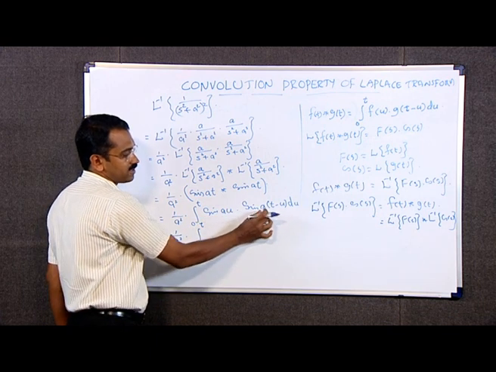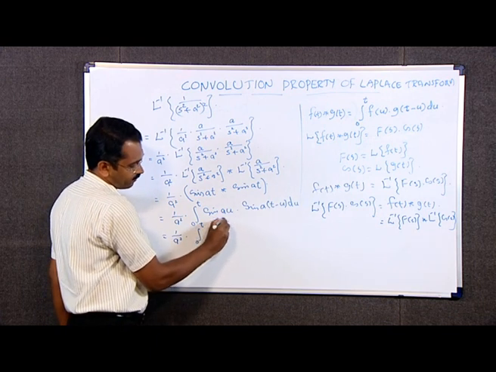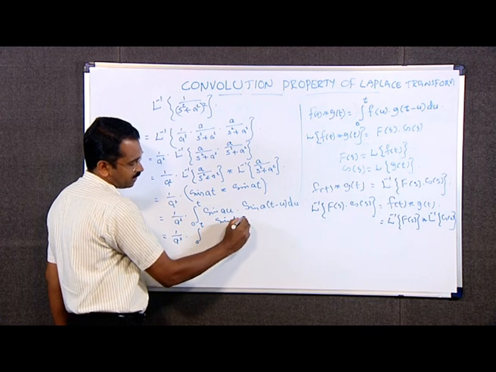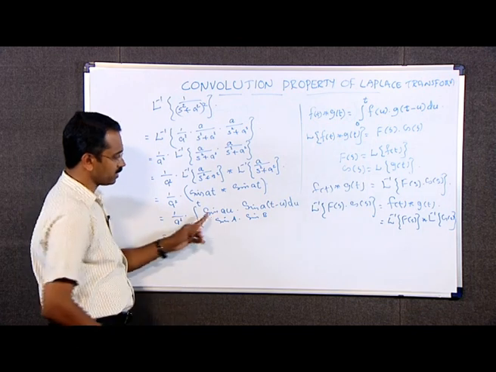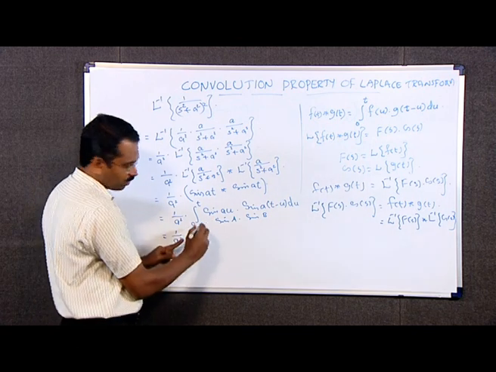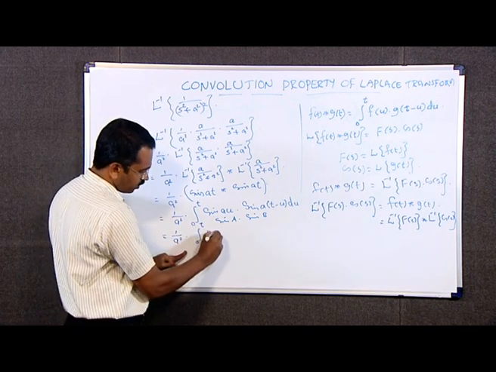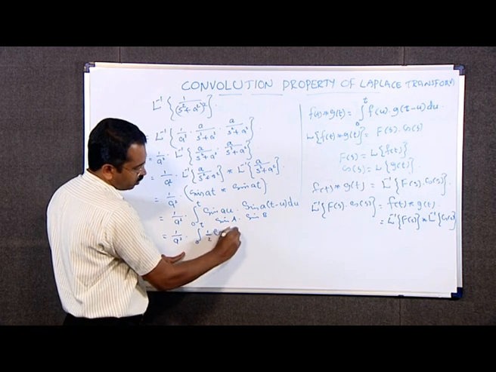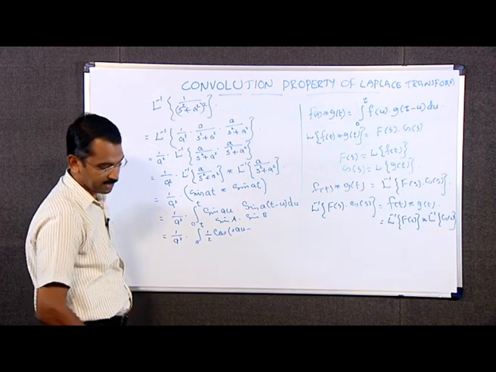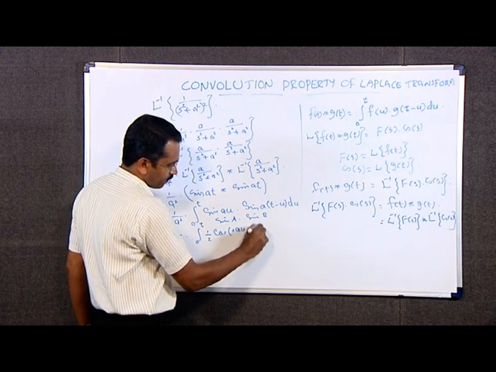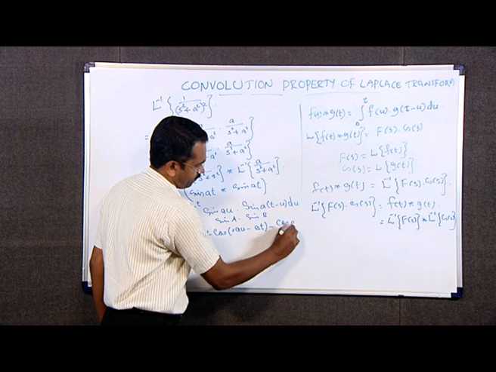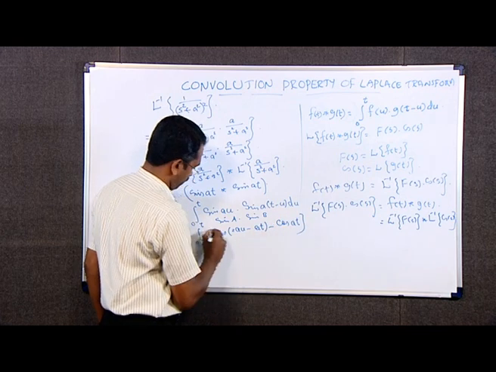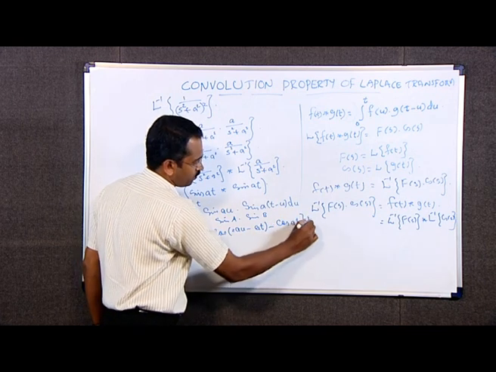This is in the sin a sin b format. This is in the form 2 sin a sin b. Therefore, we can write this as 1 by 2 into cos 2 au minus a t minus cos a t du.